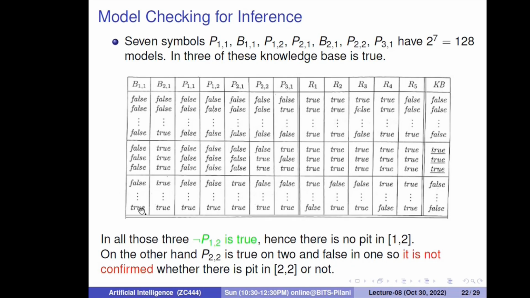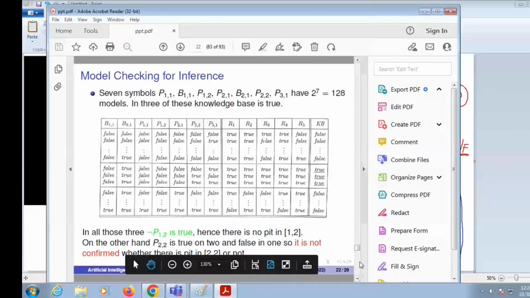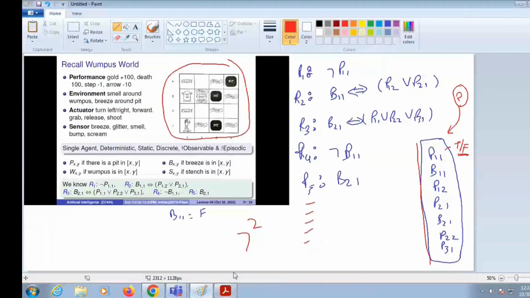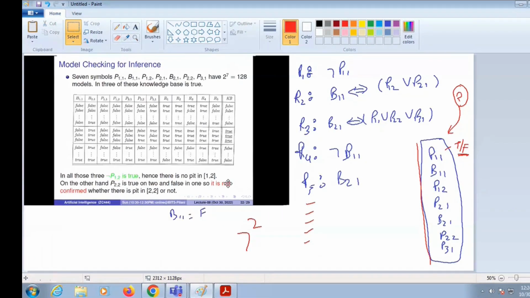So 2 to the power 7 different assignments I am going to apply to all of them. And then I am going to evaluate based on these values.